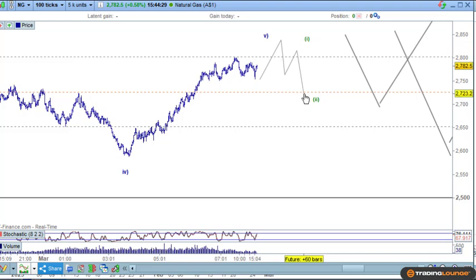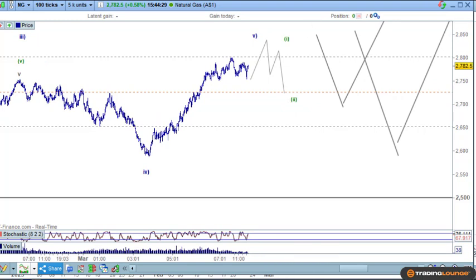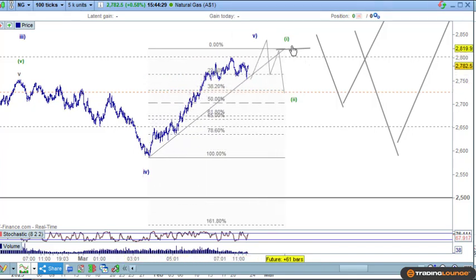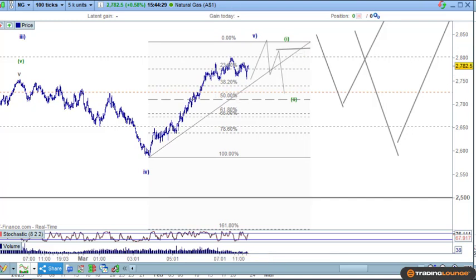What you can do if you wanted to add to the positions is look for this here on the top. Once that top's in play, you can put your 50-60% retracement level in here, but it doesn't have to pull all that way back. It may just pull back into the 40% as well.